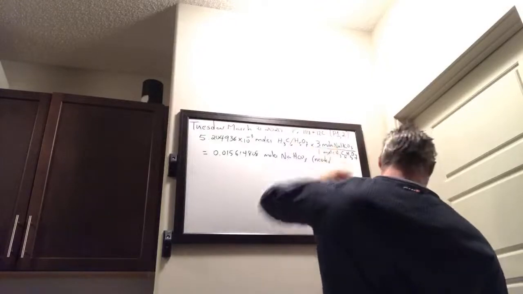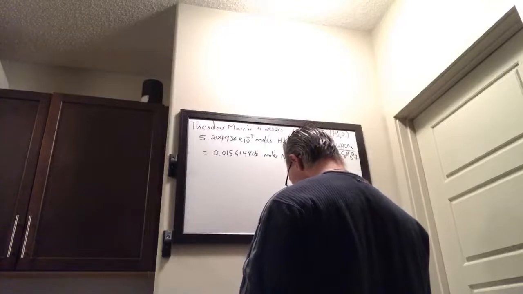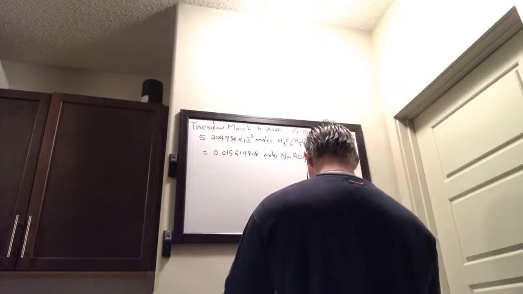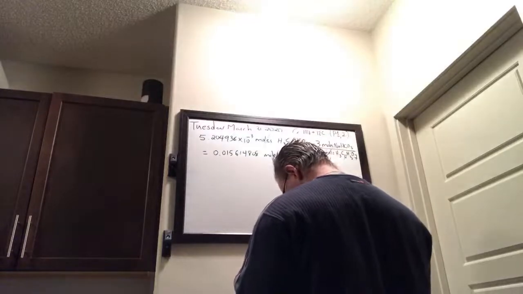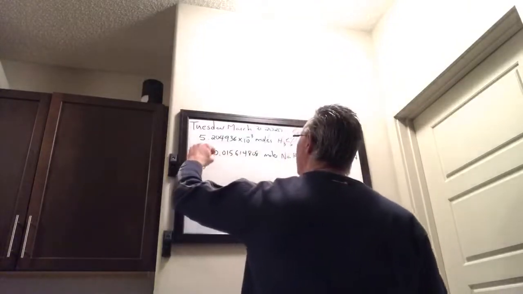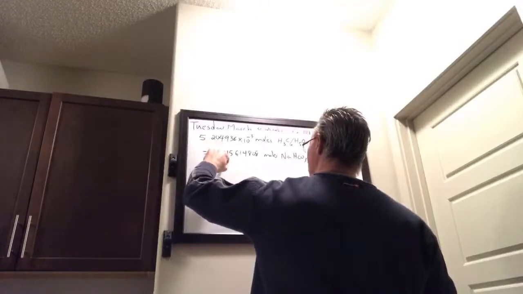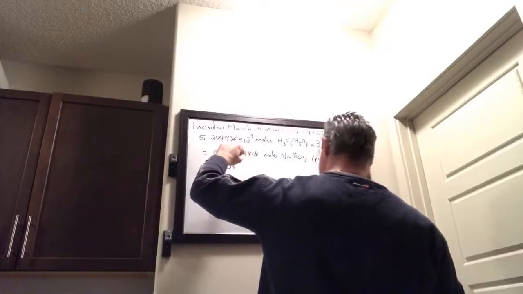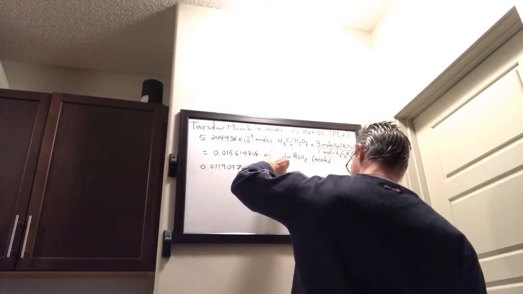Well, let's compare it to what we already have. We only have 0.011903783 moles of sodium bicarb, which we can rewrite in exponential form if you want.